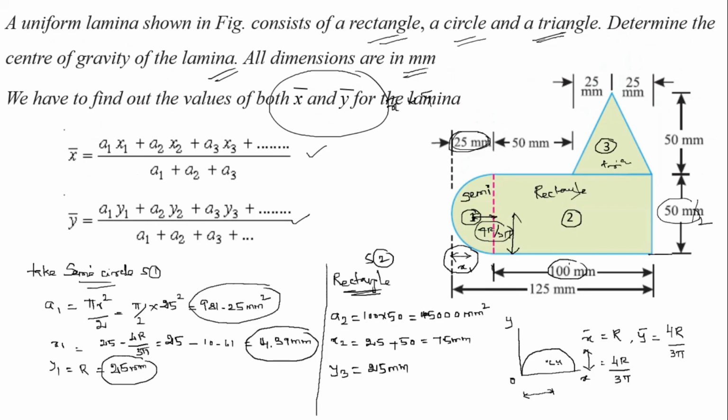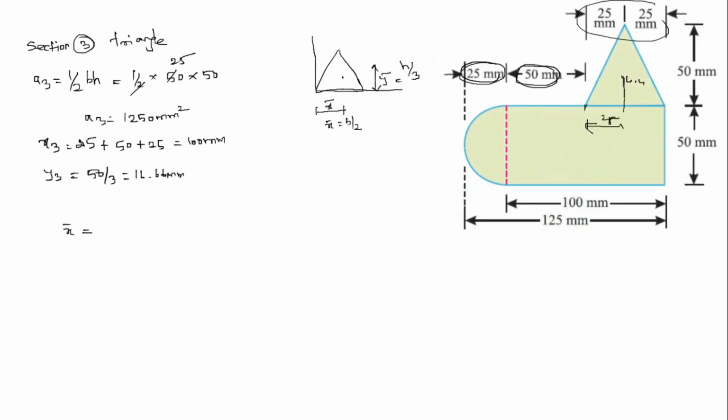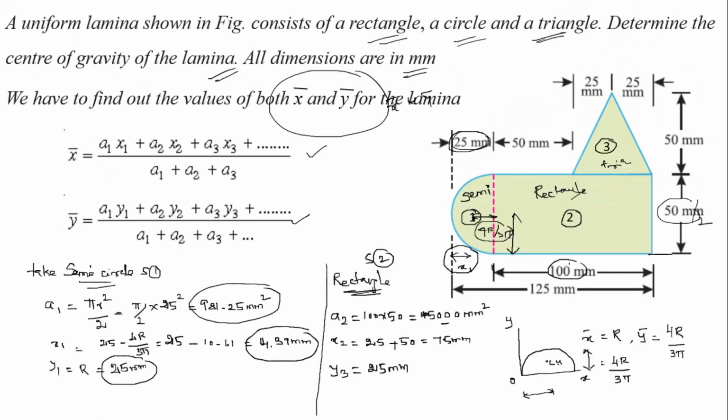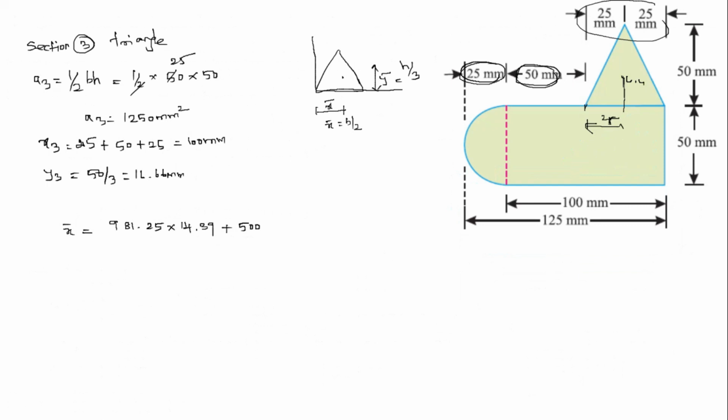A1 is 981.25 into x1, which is 14.39, plus A2, which is 5000, into x2, which is 75, plus A3, which is 1250, into 100, divided by the sum of A1, A2, A3, which is 981.25 plus 5000 plus 1250.